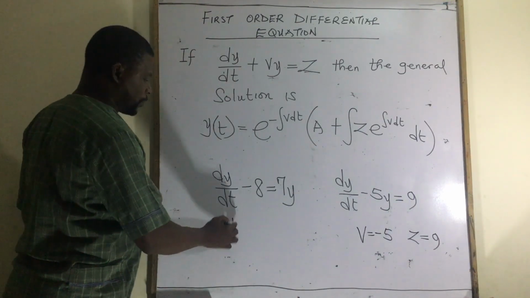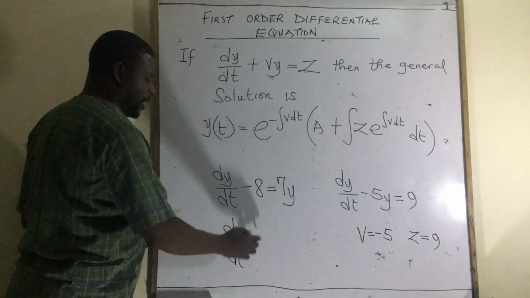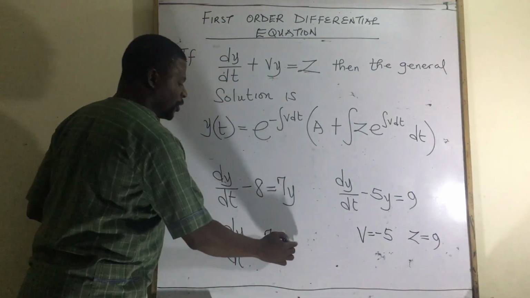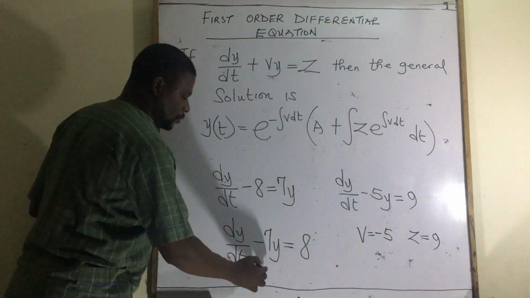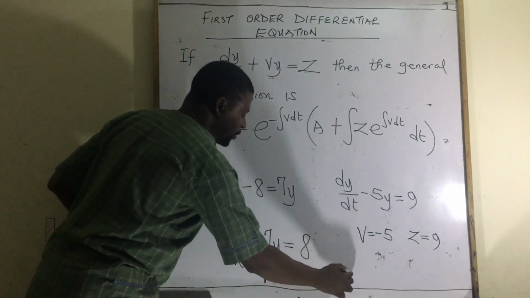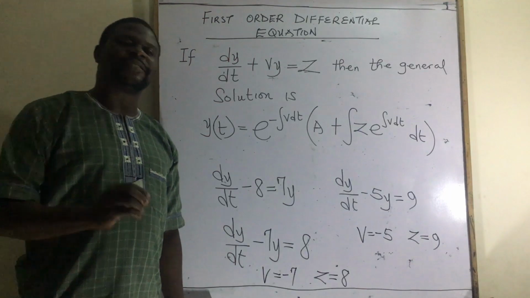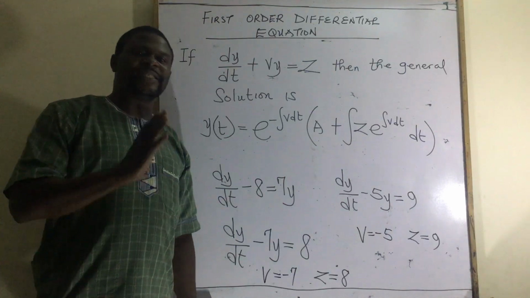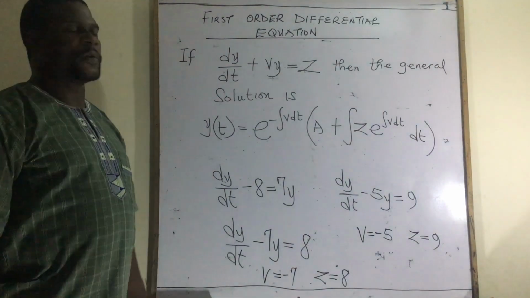This becomes dy/dt. The plus 7y coming here will change to minus 7y, and the minus 8 coming back to this place will change to plus 8. So from this equation, my v is minus 7 and my z is 8. You first have to know how to identify v and z in any given equation, so that you'll be able to solve it.